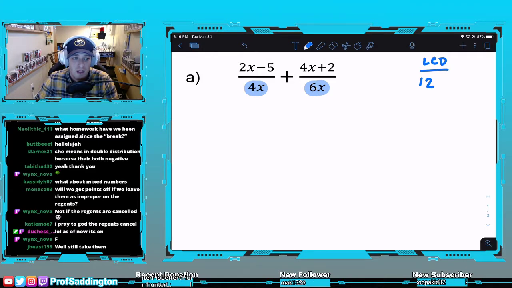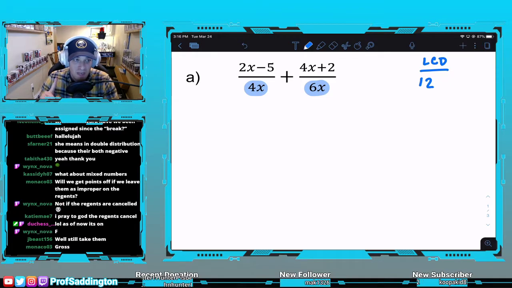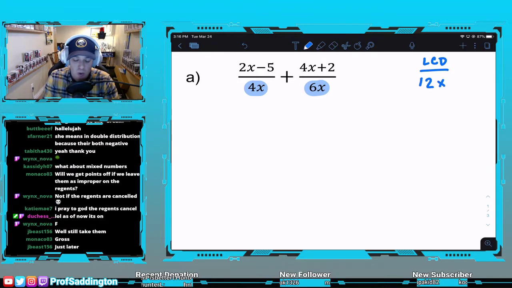Okay? So if that is 12, now I'm just asking how many x's do you need for both of those to have a common denominator? Well, since they both already have 1x, we can just leave it as 1x. We don't have to change the x's at all because they're already there.